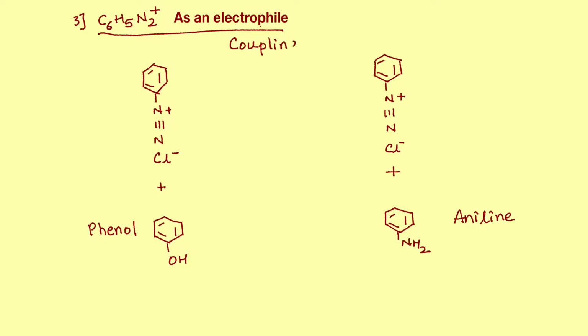Now you react them, and what is interesting over here is they undergo what we call a coupling reaction. That means the two rings will couple with each other. So when we couple the two rings, what will happen is the Cl has to move out of the way. Let's take our phenol, pick it up and help it to form a bond with the nitrogen, right? And what do we get over here?